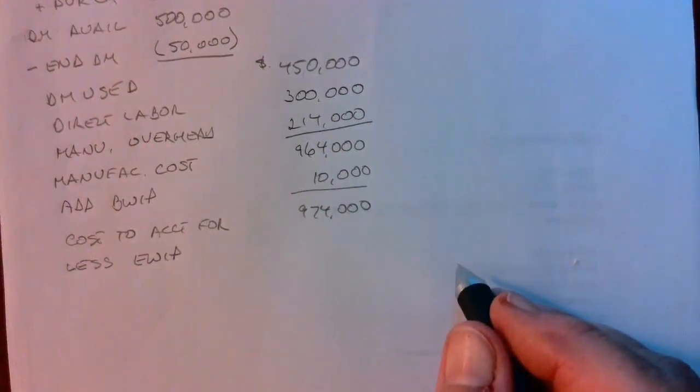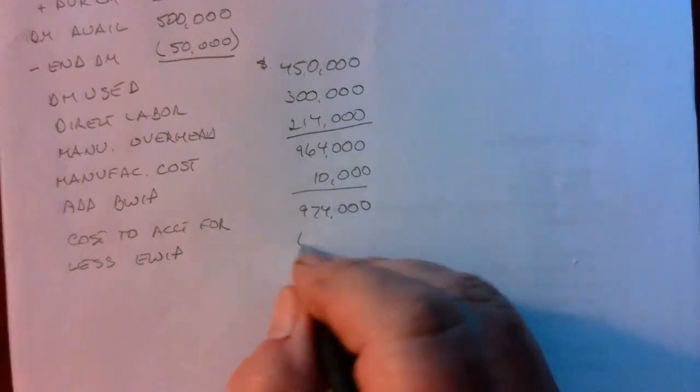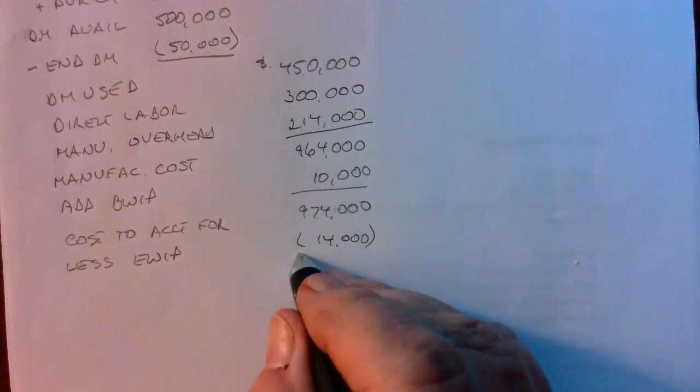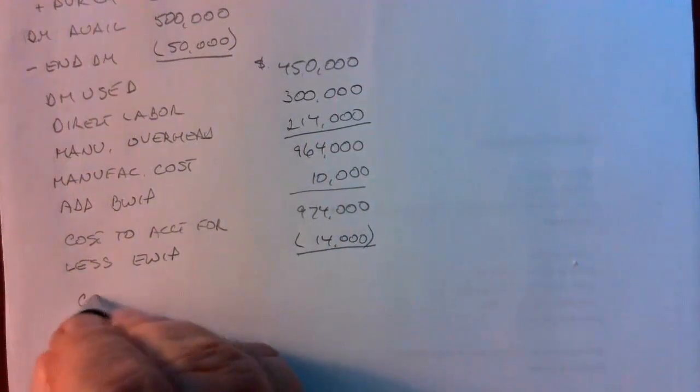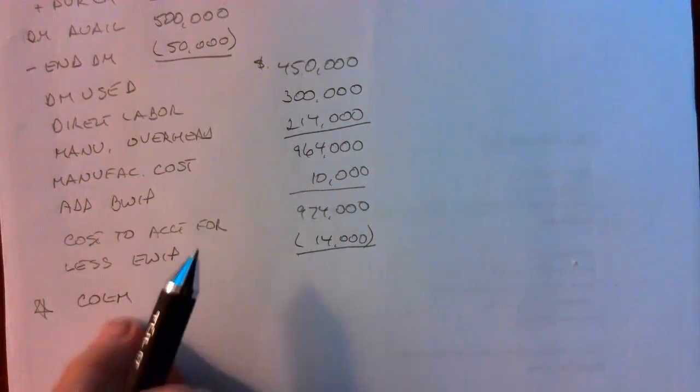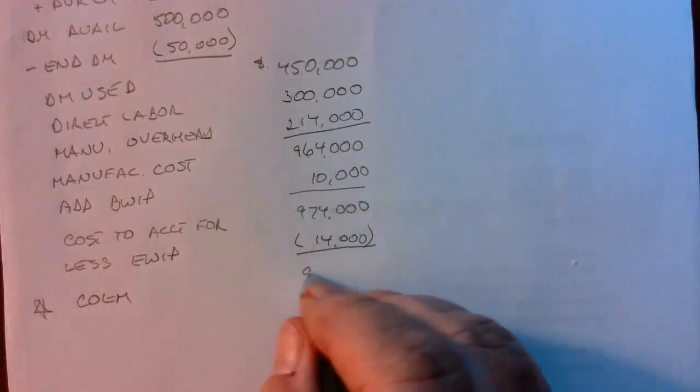Ending work in process, how much was it? 14. That gives us cost of goods manufactured. Okay, big number. That's what we're looking for right there. That's one of them. So 960,000.